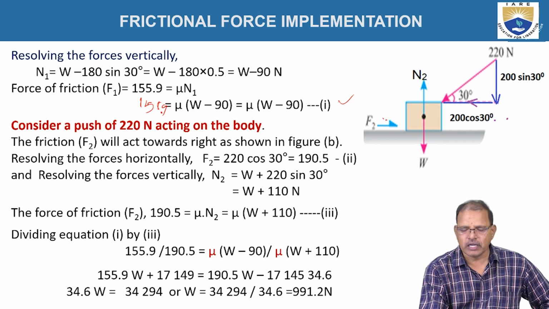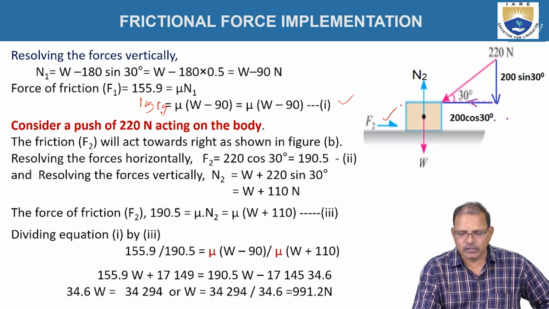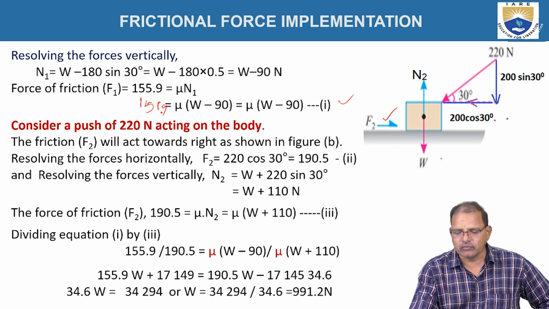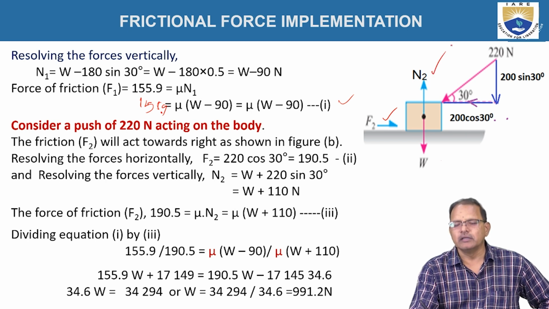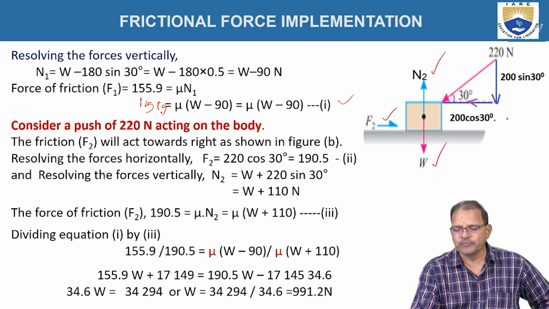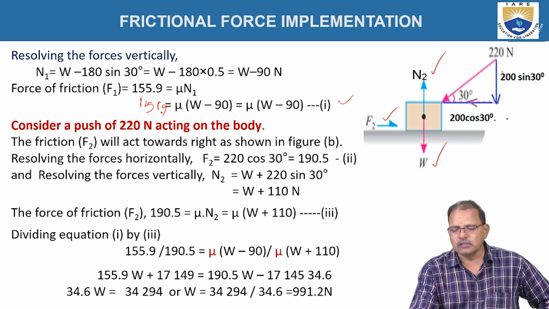Hence, the friction force always acts toward the right hand side as shown in the figure. The weight acts downward and the normal reaction upward. The push force makes an inclination of 30 degrees with the horizontal. When it is resolved into two components, 220 sin 30 acts downward and 220 cos 30 acts toward the left hand side as shown in the figure.